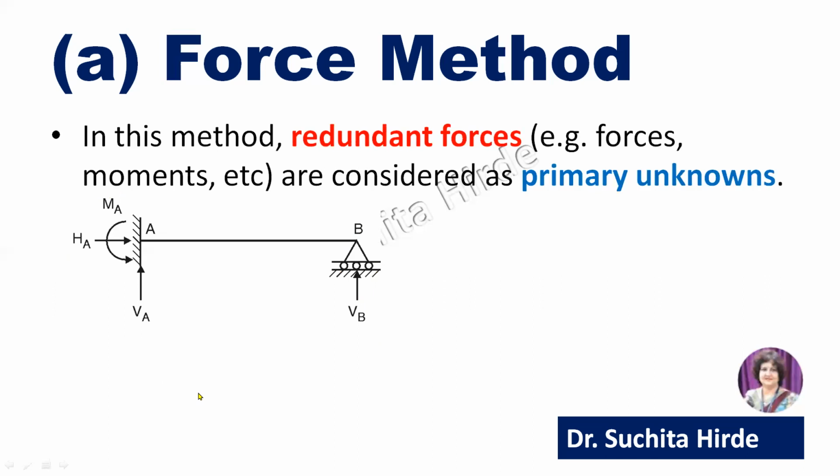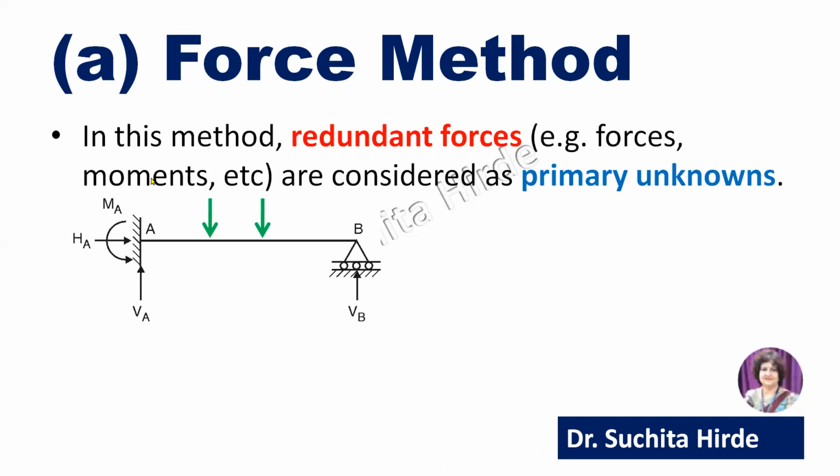And after calculating the reactions at both ends, we can draw the shear force diagram and bending moment diagram. But to draw the shear force and bending moment diagram, we have to calculate one reaction using some methods. And such methods are called force methods.